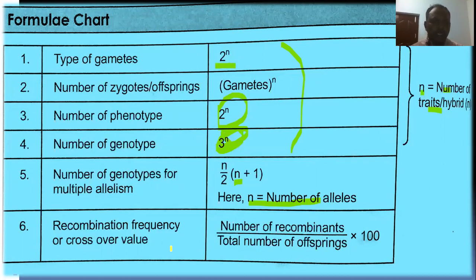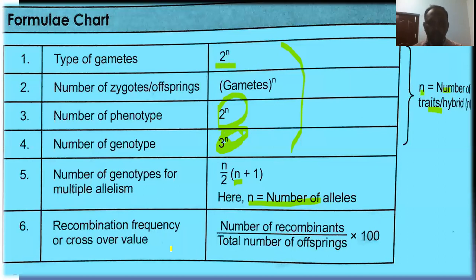And to calculate the recombination frequency, or crossover value, what is the formula we are using? Number of recombinants divided by total number of offspring into 100, right? To take an example, in monohybrid, how much recombinant did we get? It's a non-parental combination. In monohybrid there is no non-parental, but in dihybrid we got non-parental.